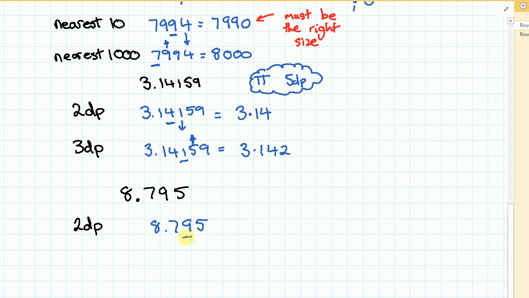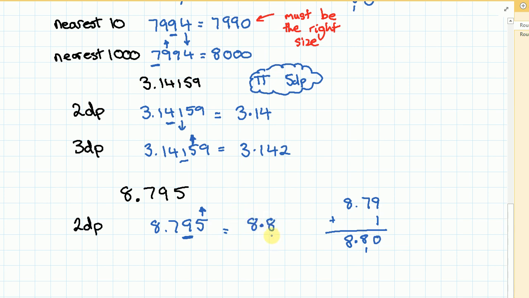I want to know what's in that place. So 5 says round up. 8.799 gets rounded up. So we've got the 8.79. The 5 says add 1 to the next column, which changes that into a 10, so carry 1 into the next column. 7 and 1 is 8. Doesn't change the next digit, and bring the decimal point down. So I've got an answer 8.8.